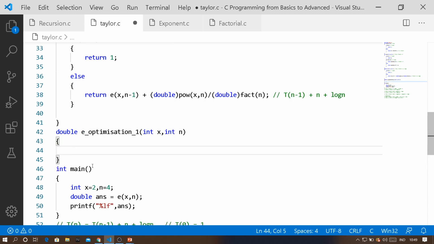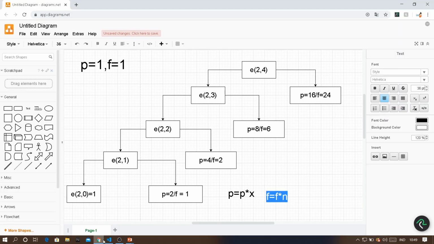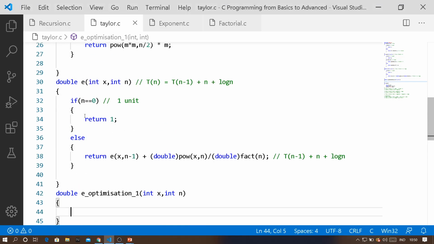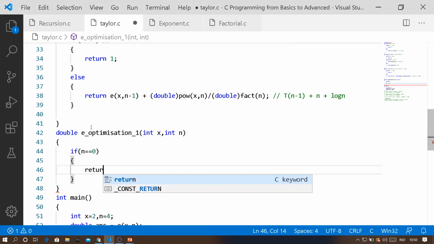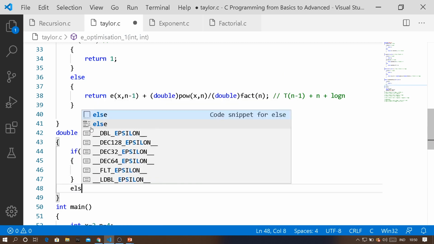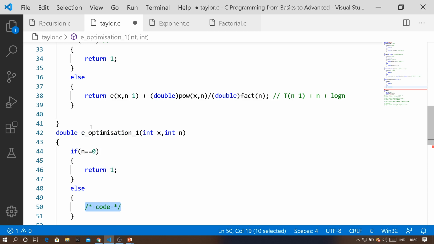Okay, fine. So now what is the condition of this new recursive tree that we have drawn? Here also I said that if the n value becomes 0, we have to return 1. This is the same as the previous method we are following. If n is equal to 0, we are going to return 1. The same methodology. Okay, fine. Else, we have to work on it.